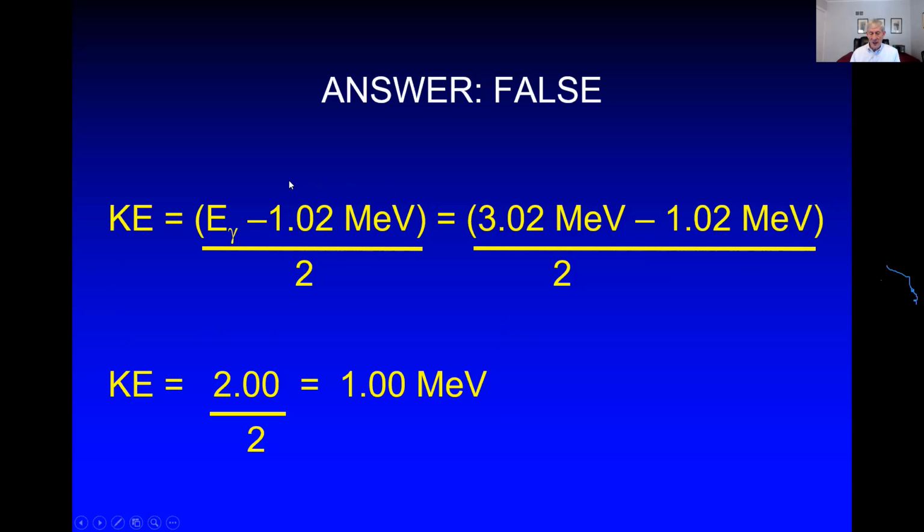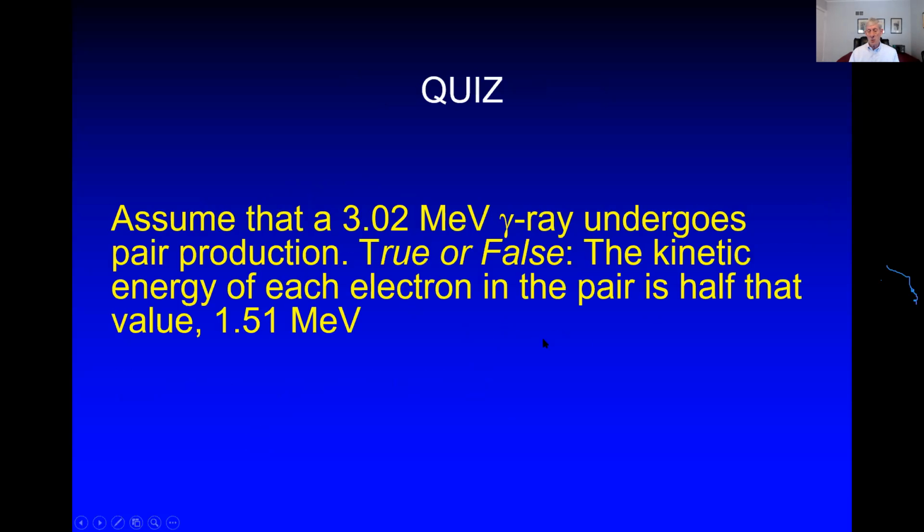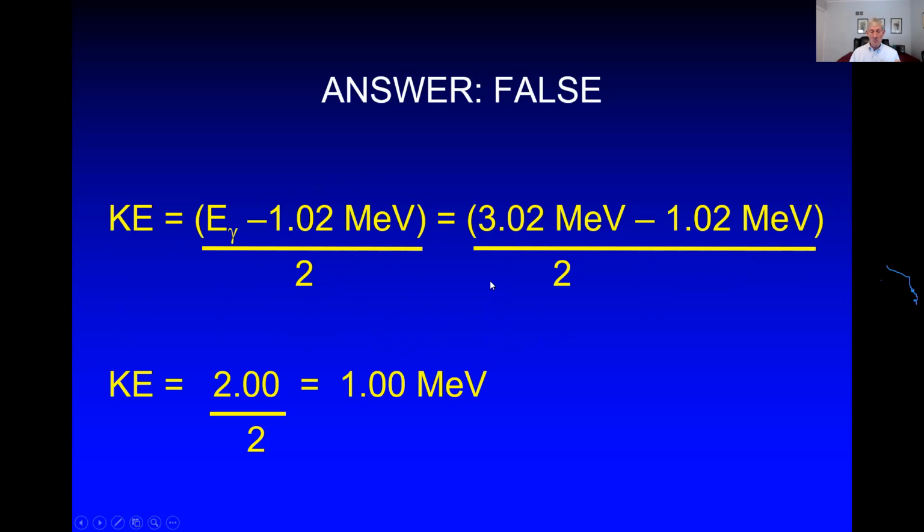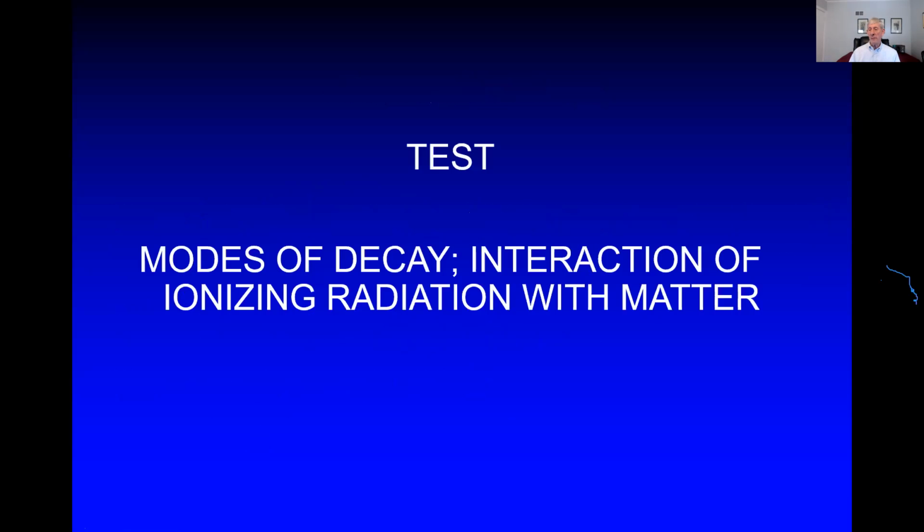You cannot forget, just subtract the 1.02 from the gamma ray energy to determine how much kinetic energy is going to be shared. This question came right off of an old exam. It didn't ask true or false. It asked you to calculate the energy, but it was not 1.51. It would be 1.00.